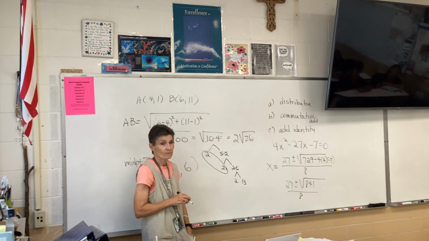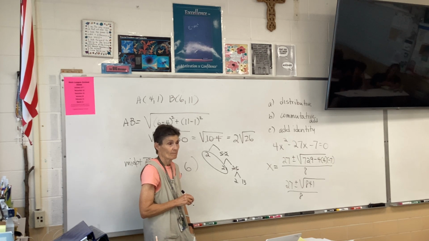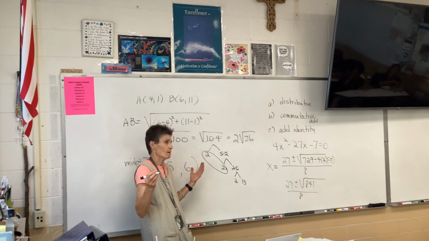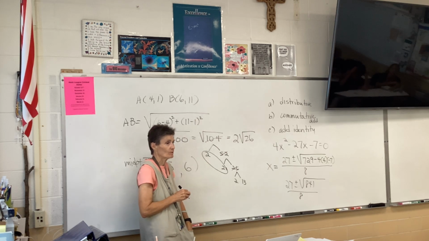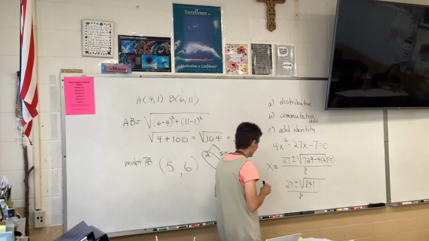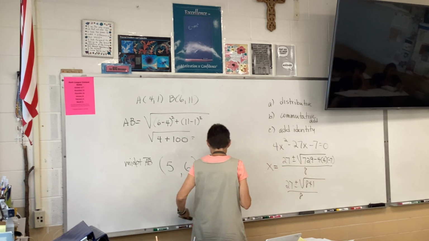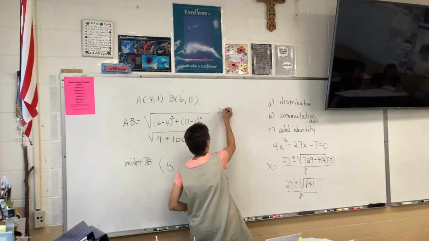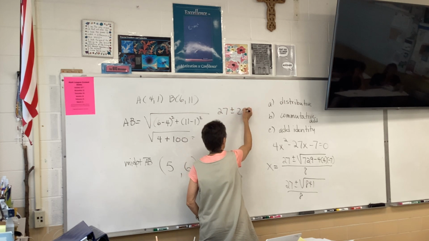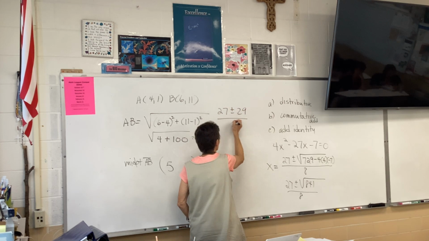What is the square root of 841? Who has that memorized? I don't. Type it in. What's the square root of 841? 29. So we have 27 plus or minus 29 over 8.